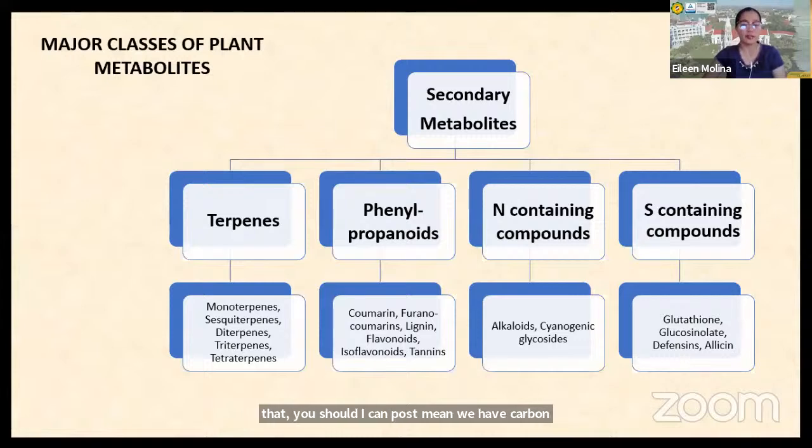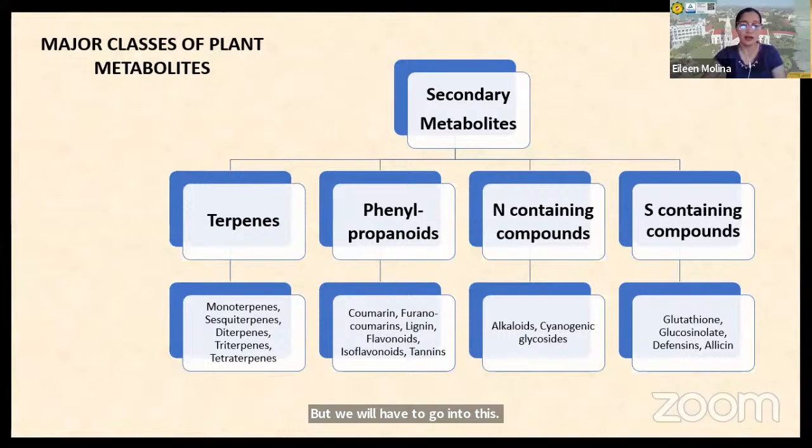And the phenolic groups, or the phenylpropanoids, composed of simple sugars and benzene rings, and then we have nitrogen-containing compounds, and then the added sulfur-containing compounds. Some examples of these classes of secondary metabolites are listed in there, but we will go into these specific examples in a little while.